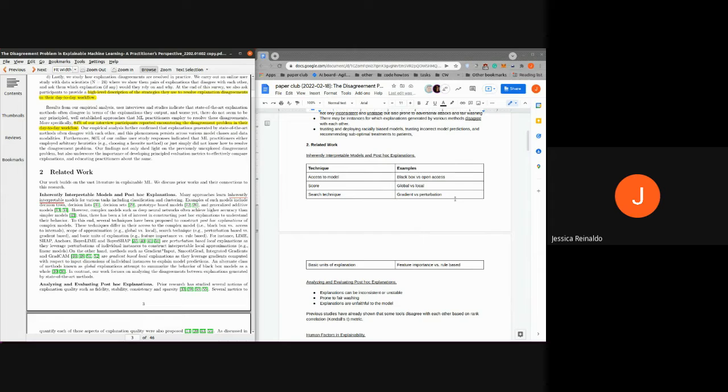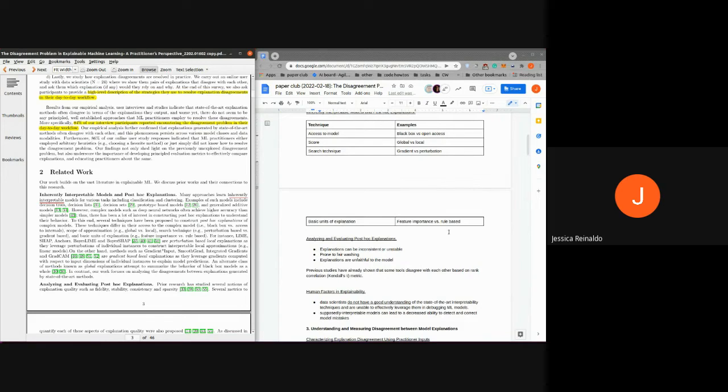In the case of LIME and SHAP, they are perturbation models. So the method will change the set of the features and try to see how that affects the predictions of the model. And there are also gradient-based ones. They are more used for image classification and overall deep learning problems.